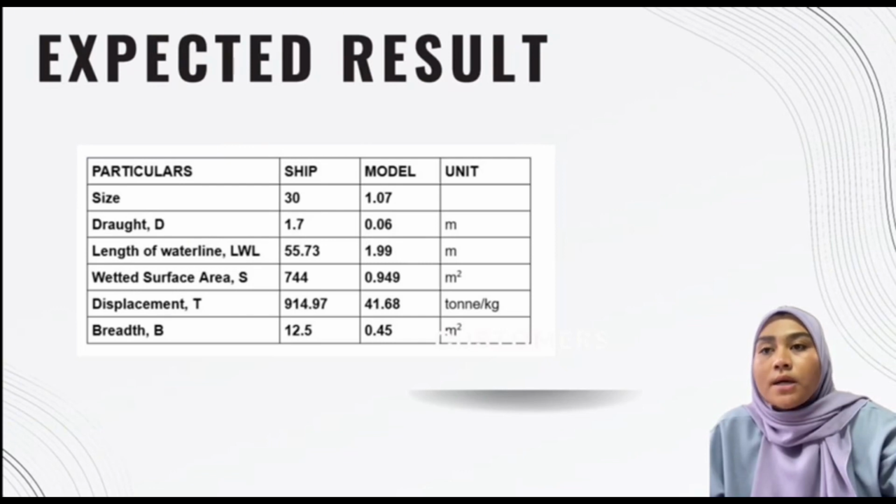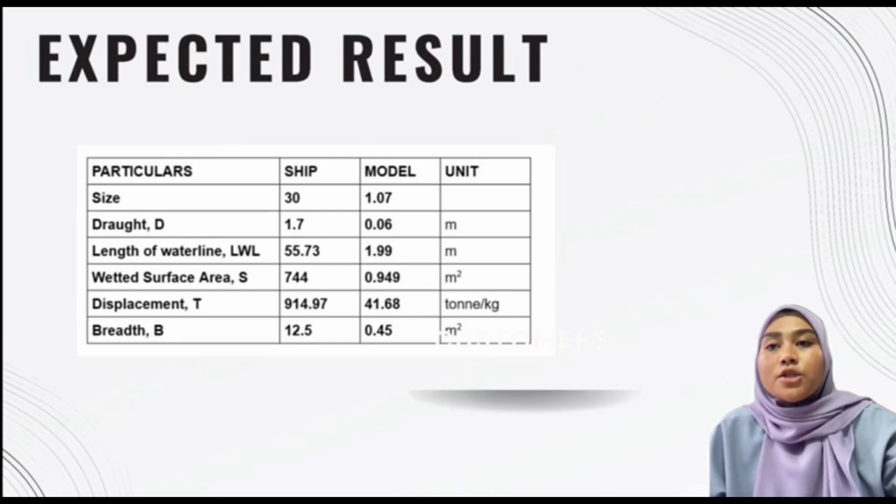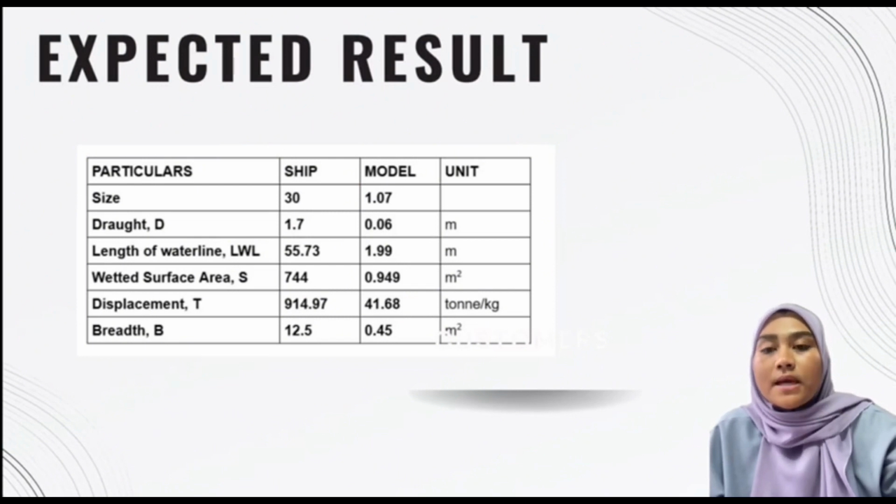The scale of our assumption is set at plus minus 28.03. This means that we are considering a range or margin of error around the assumed value. The plus and minus symbol indicates that we are accounting for potential variation or uncertainties in the ship's particulars within this specific scale.